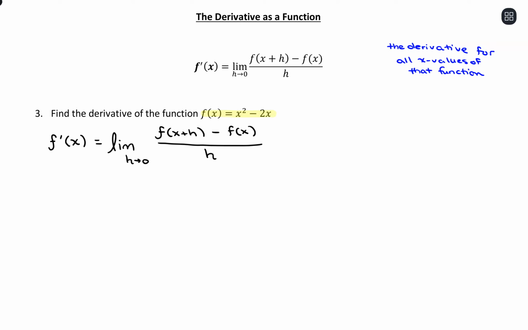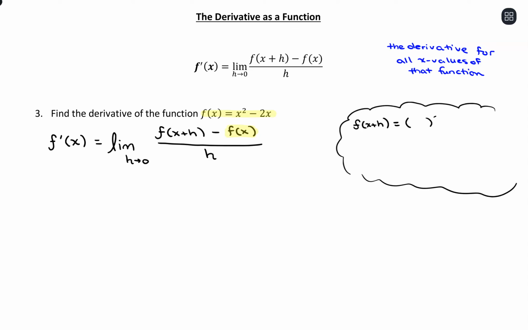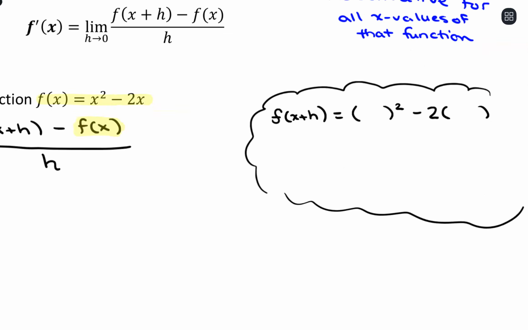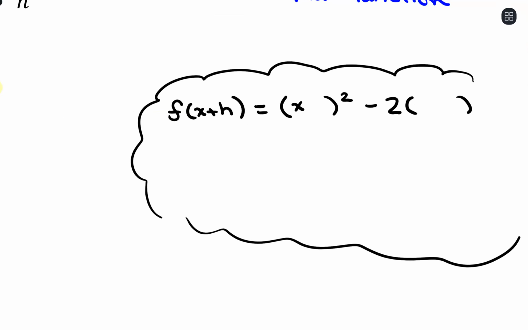Plugging into f of x in that numerator, we're just copying our function down. What can be helpful is maybe we'll do some side work over here of what f of x plus h is simplified instead of doing it within the fraction. So f of x plus h, our function tells us to take our input squared minus 2 times the input, and for us the input is x plus h.